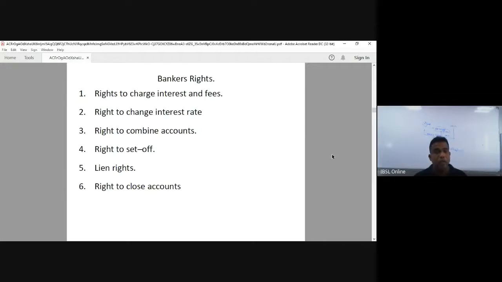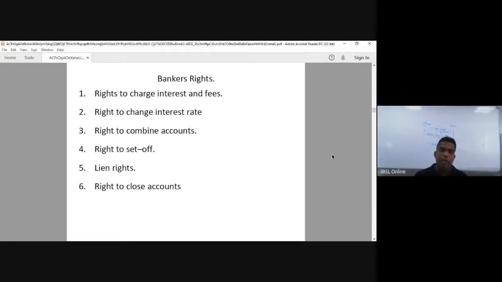The bank has no right to do that. The bank has a right to decide whether you are going to continue with the customer or not. That right is there, but it is subject to a condition. The condition is that the bank has to give reasonable notice, so reasonable time to the customer.